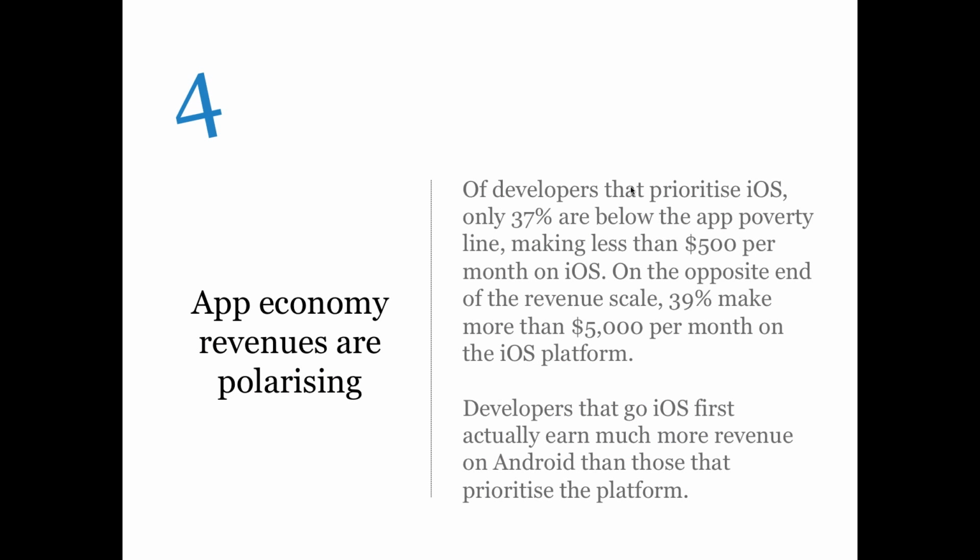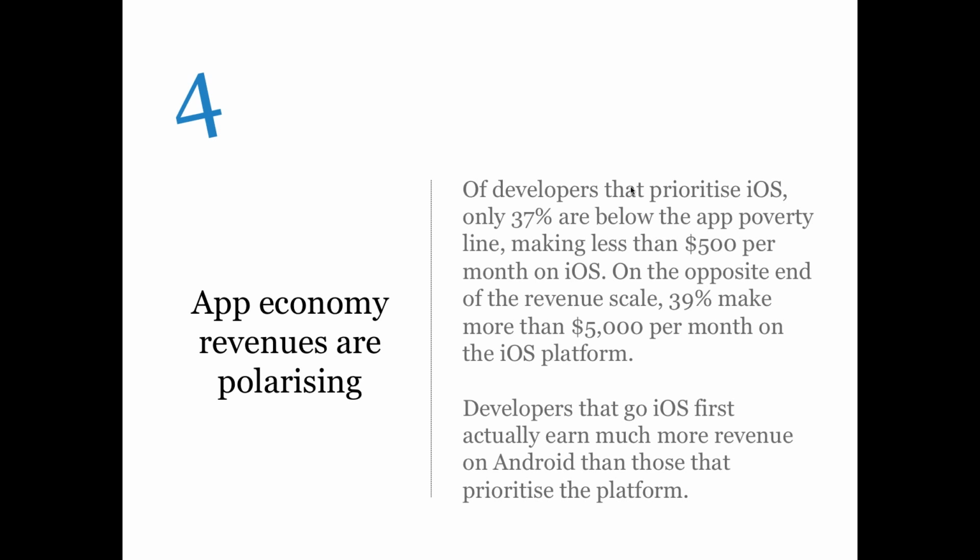Now let's go back to revenues and look at how much money developers are actually making. So on iOS, we see polarization, and it's nowhere as bad as Android. 37% of developers that prioritize iOS are below the app poverty line.